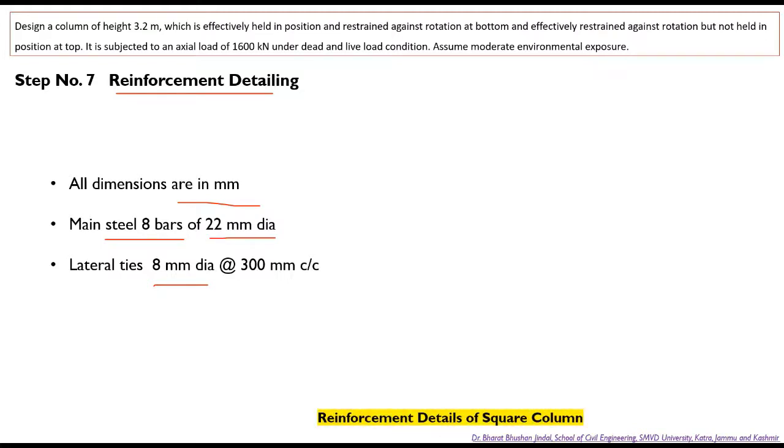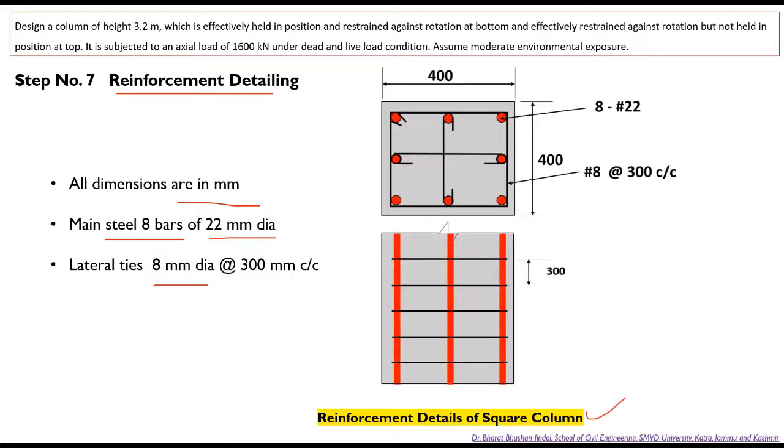Now what is the reinforcement detail of this square column? You can see clearly here that the black color bars are the lateral ties, and the red color bars are the main or longitudinal reinforcement. We have provided the pitch of the lateral ties, that means the center to center spacing between them, of 300 millimeter.